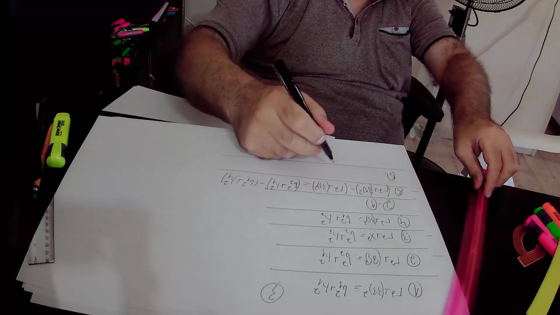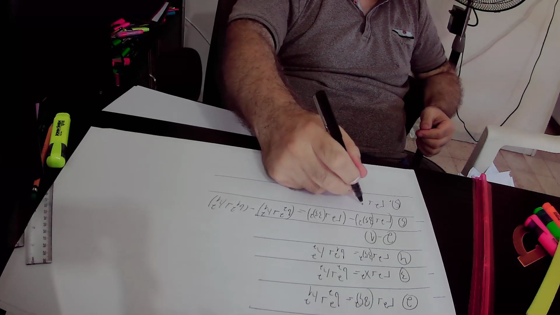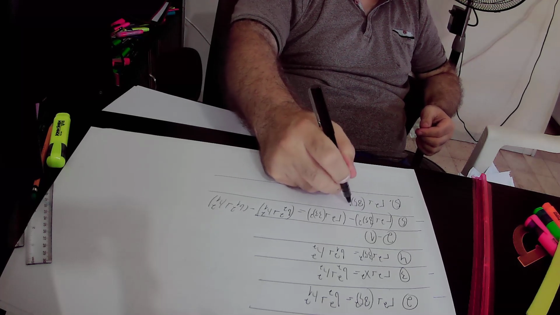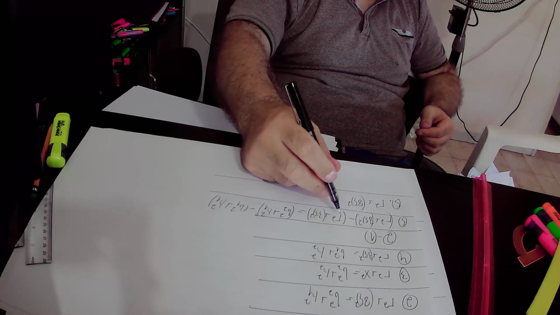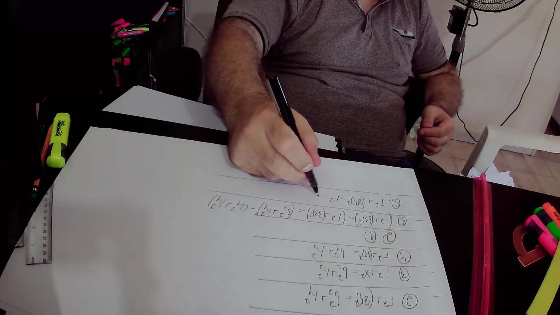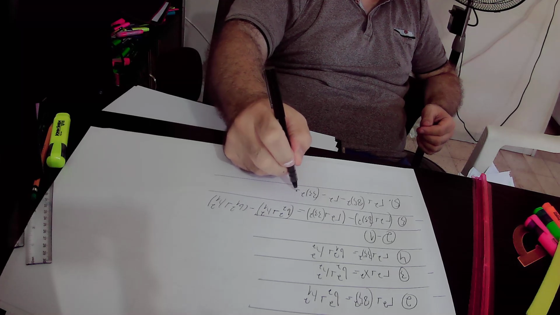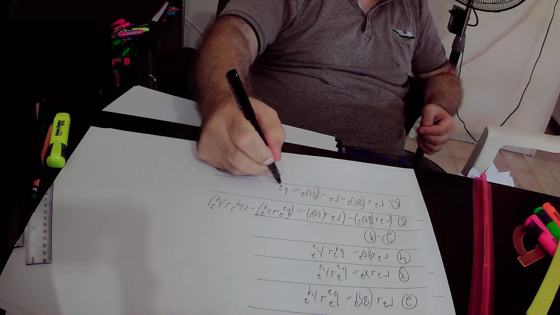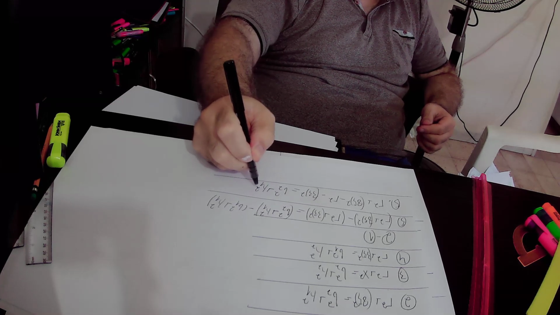On equation number 5, we get that R squared plus 85 square. So we have minus before the bracket, so here it will be minus R square minus 33 square, that is equal to B2 square plus H1 square.